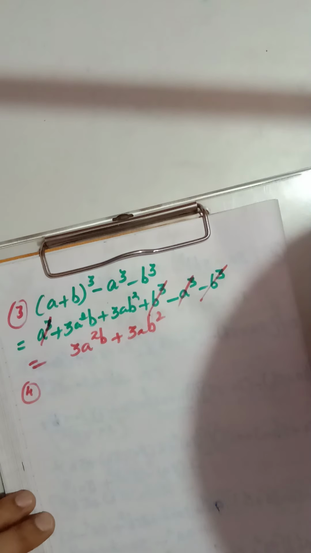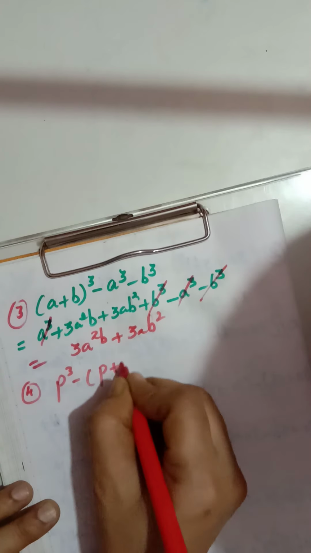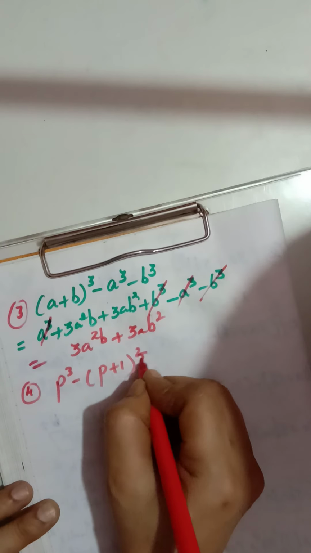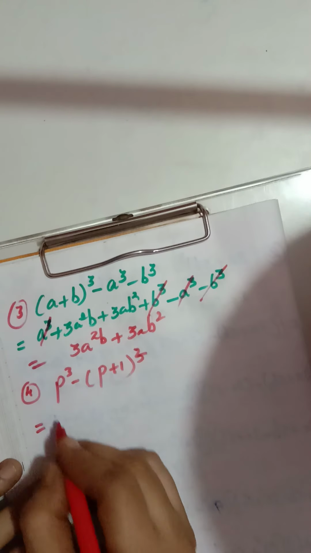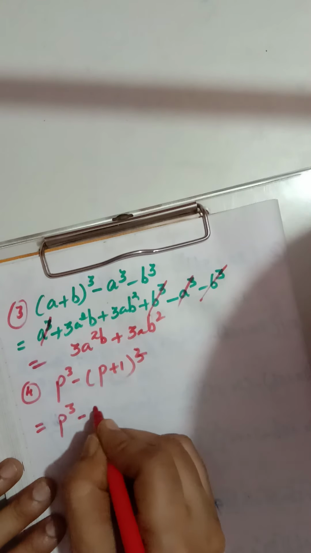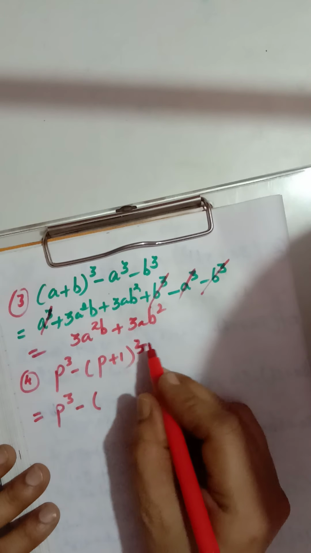Now the fourth one is p cube minus (p plus 1) the whole cube. So this is equal to, first, p cube you keep as it is, minus (p plus 1) whole cube. That means you have to apply the (a plus b) whole cube formula.